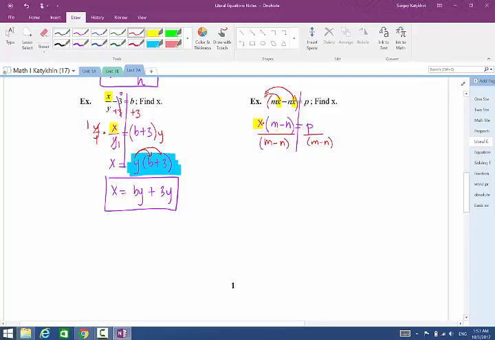So m minus n divided by m minus n gives you 1 here. That gives you 1 there. So what you're left with is x is equal to p divided by m minus n. You can leave it like this. If you prefer, you can put parentheses here. But both of those mean the same solution.